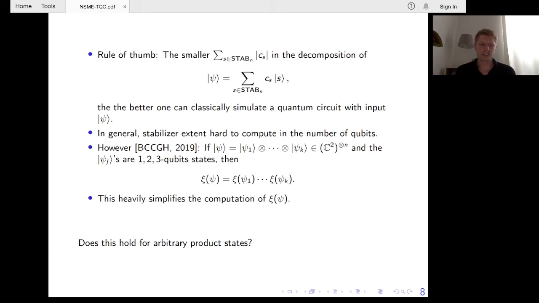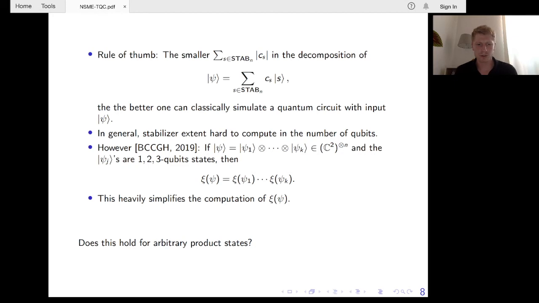And this heavily simplifies the computation of psi, because you do not have to solve an optimization problem in dimension 2 to the n. Now what you have to do is just solve k optimization problems in dimension up to 8. So this is really a heavy simplification of the problem, because before it is almost intractable for large n to compute the extent, but if I have a product state, then this gets much easier when each component is a 1, 2, or 3 qubit state.